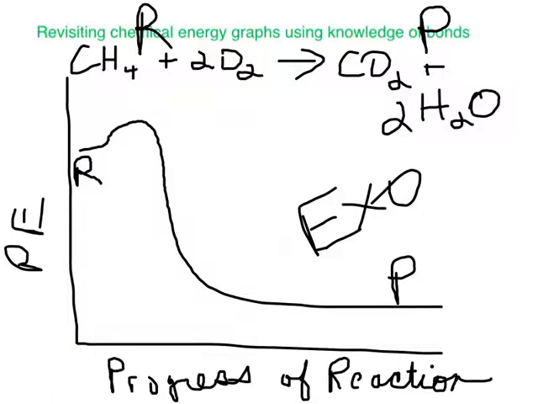Now, we never explained why they end up being at a lower level of potential energy, but in this video we're going to do that. Now, let's think a little bit. We have said that the potential energy goes down during this exothermic reaction. Well, that means that according to the first law of thermodynamics, energy can't be destroyed, but it can change forms.